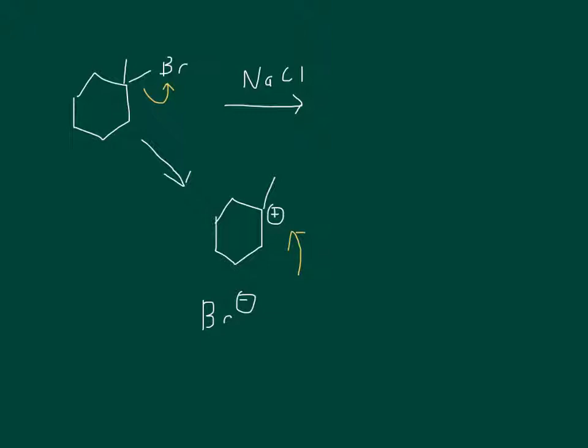Now, once the leaving group has left, we have an open space for our nucleophile to come in and attack. And here, it's the chlorine atom that will come in and attack this position, which will give us our product through an Sn1 mechanism.